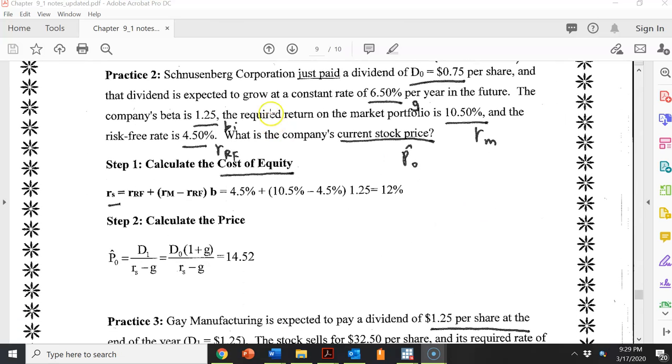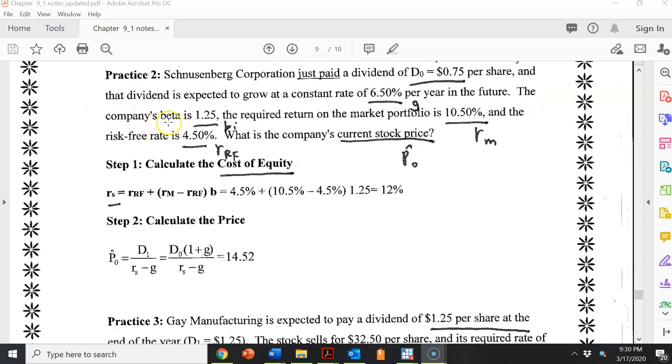Practice 2. This firm just paid a dividend of D0, $0.75. Just paid means it paid this dividend today, so it's D0. The dividend is expected to grow at a constant rate, G is 6.5% per year in the future.